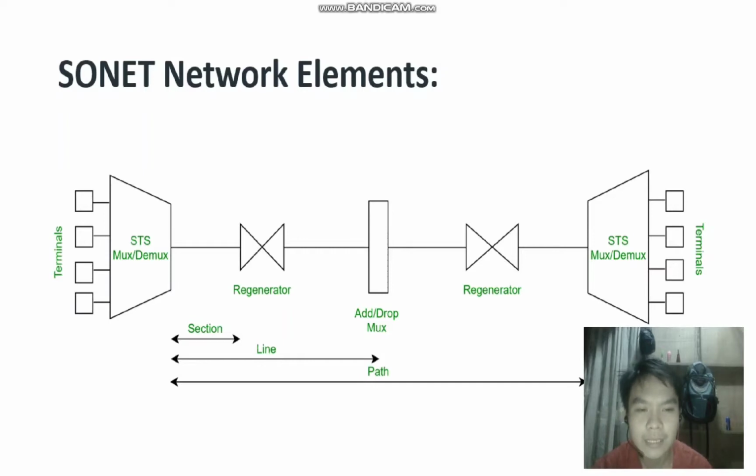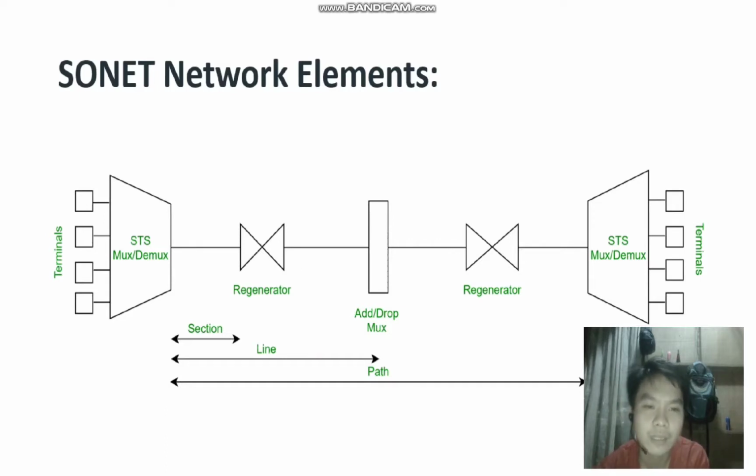SONET network elements. So we can see here the SONET network elements. The four boxes represent the input terminals. Then the input terminal goes to the STS mux, then goes to the regenerator. Then after the regenerator, it goes to the add or drop mux.